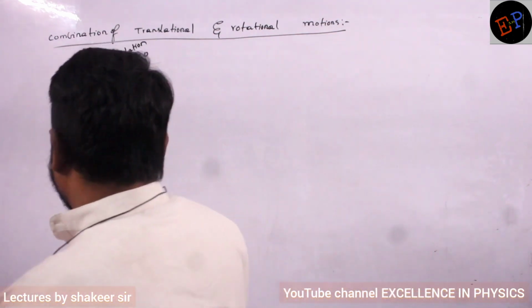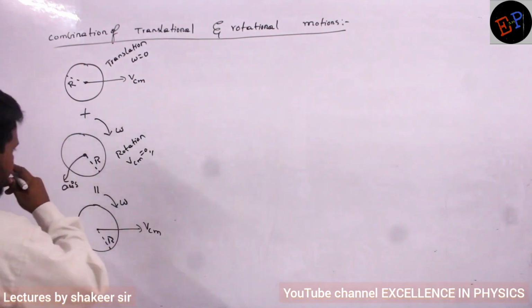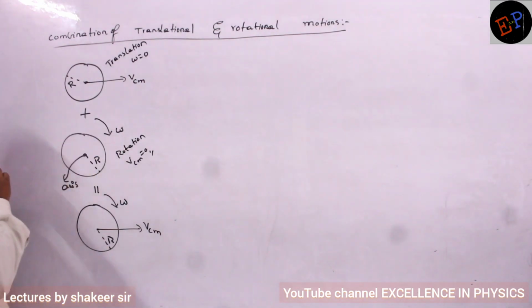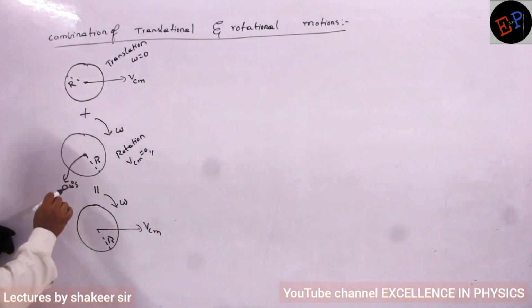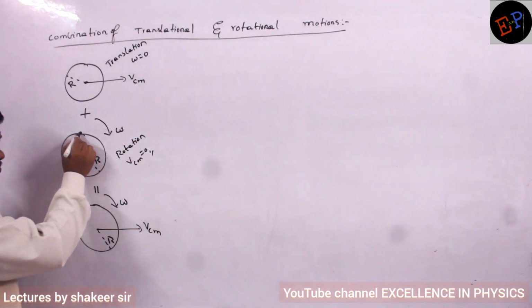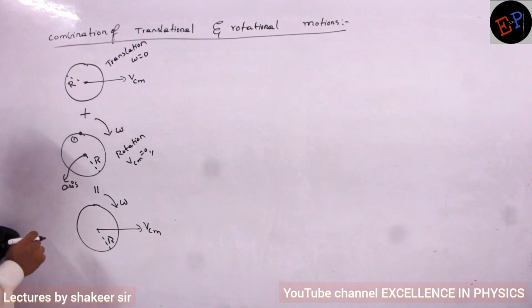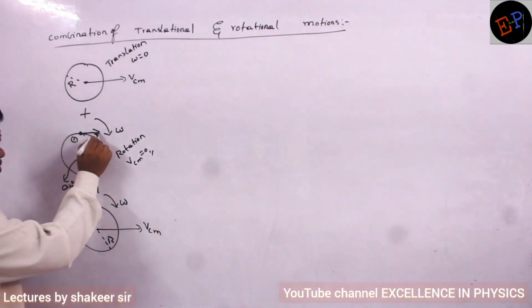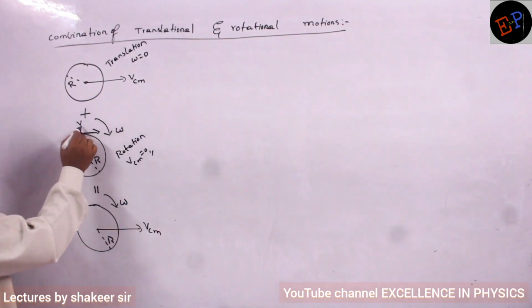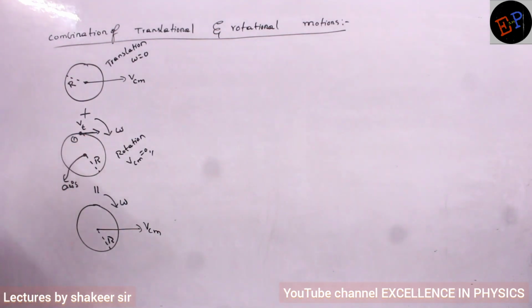Okay, now see. Now if you see this rotating body, which is rotating with an angular velocity of omega, then it is rotating in this direction. If you take this point, let us call this point as point number 1, the topmost point, it will have a particular tangential speed.